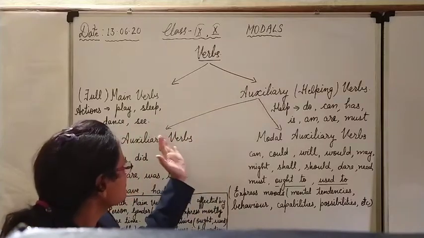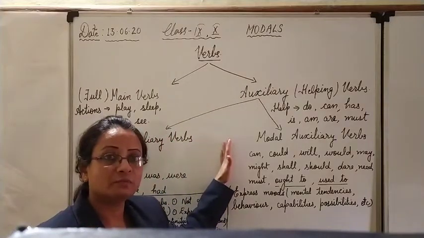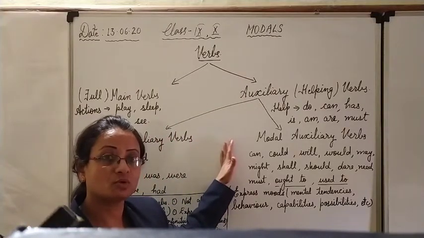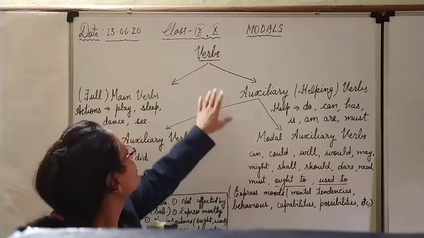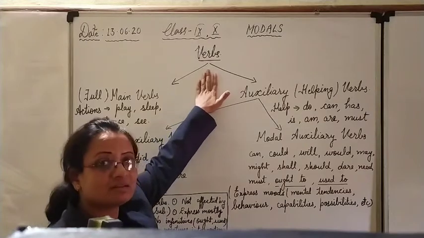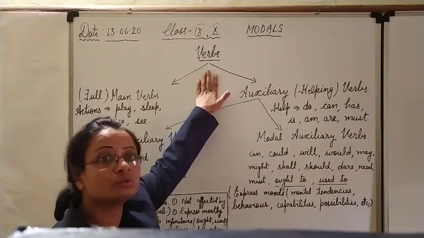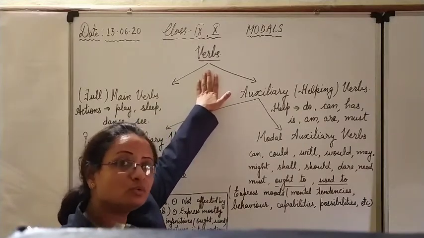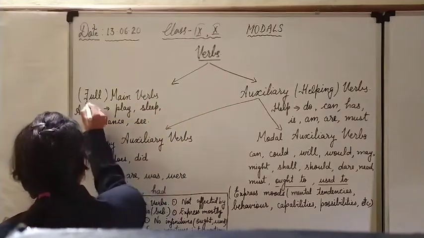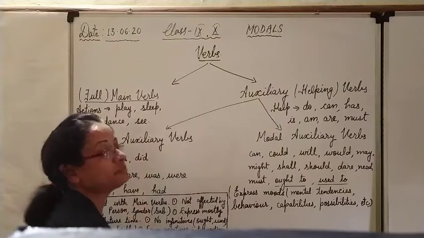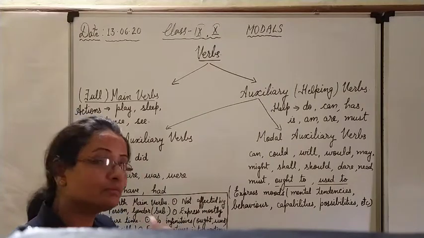This concept I feel today will be clear in your mind: what are modals and what is the basic difference between an auxiliary verb and a modal. Look over here. We can classify the verbs according to their use in a sentence in two ways, two types. One is the main verbs, or full verbs. They are also called the full verbs because they are complete.